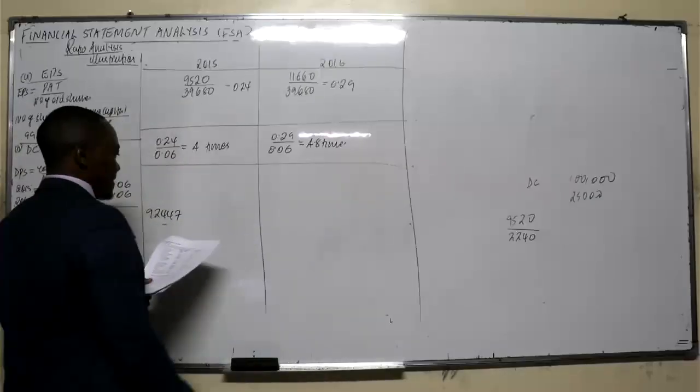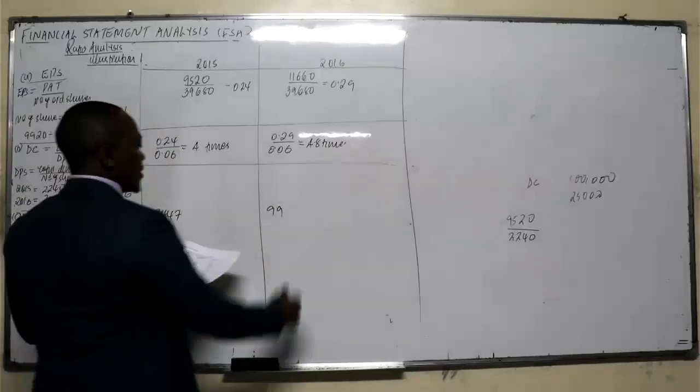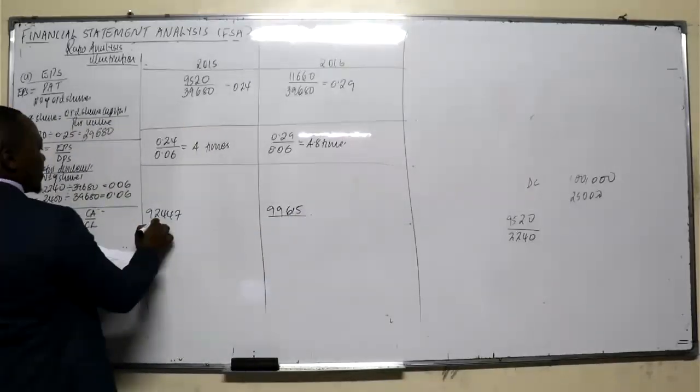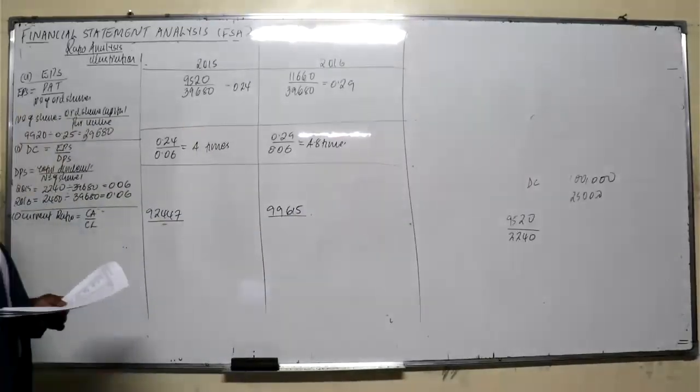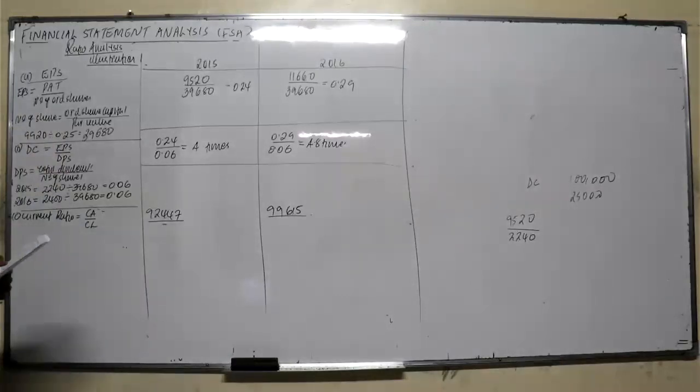You get 99,615. Yeah, so you take the current assets, then you divide by the current liabilities.